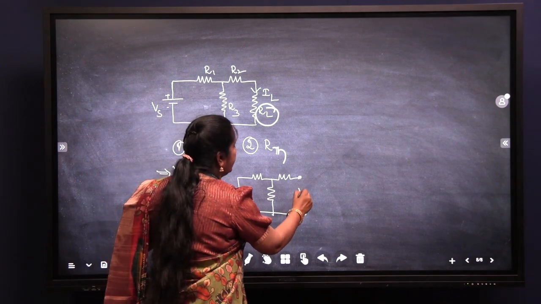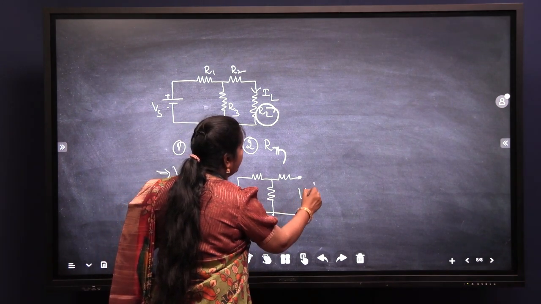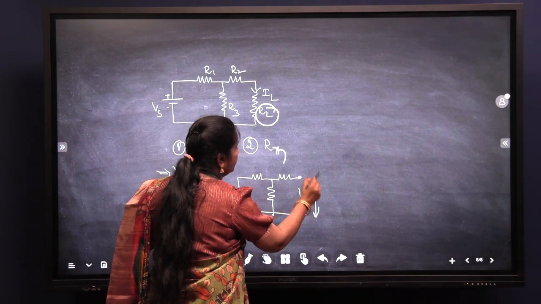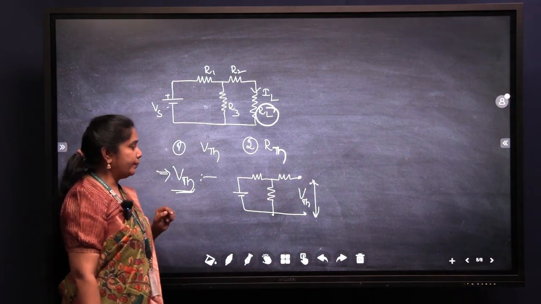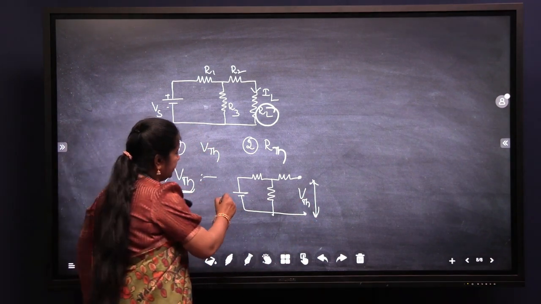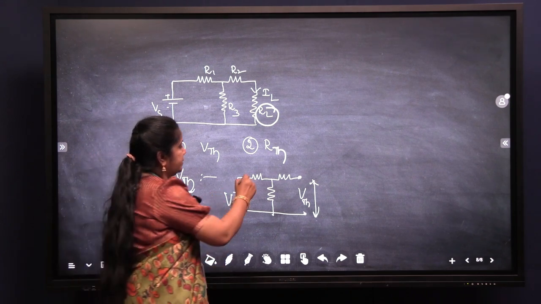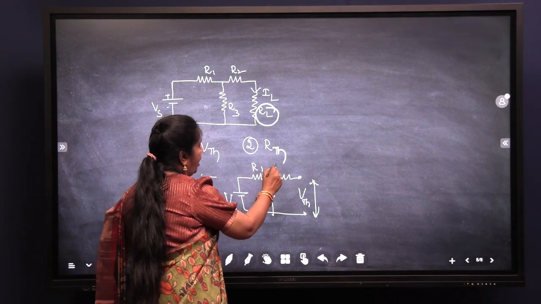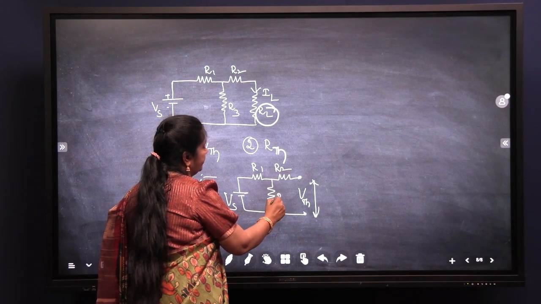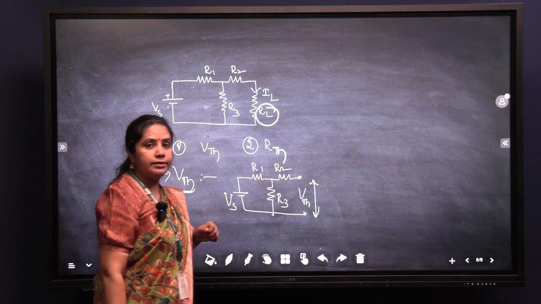Now we will calculate the voltage across these 2 open circuited terminals. This is the voltage source Vs, and these are the resistances R1, R2 and R3. These are the 3 resistances we have.